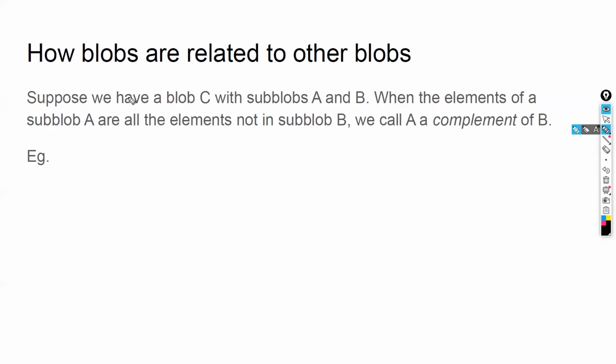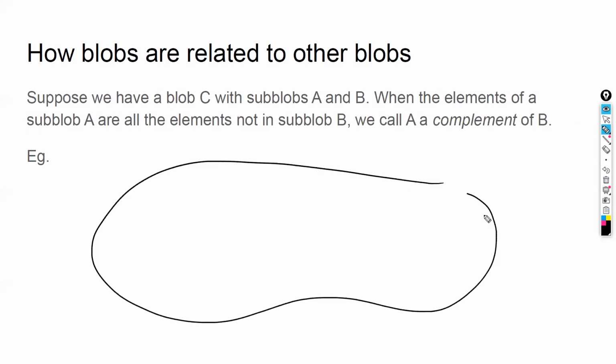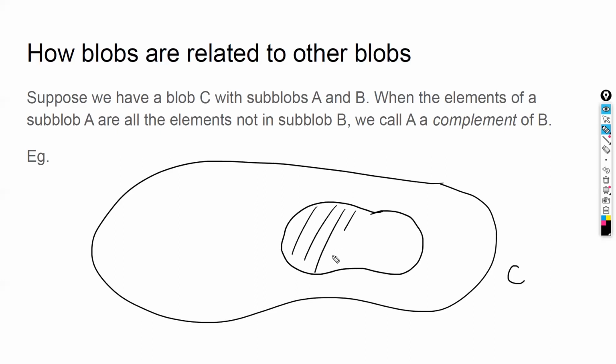Okay, finally, we have the following situation. Let's say we have a big blob C with subblobs A and B. When the elements of a subblob A are all of the elements not in B, then A is the complement of B. So let's see this in action. Let's say we have this bean here.